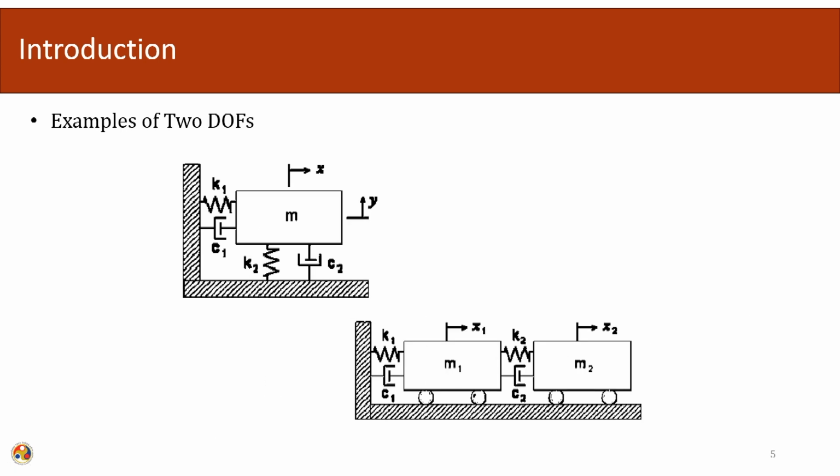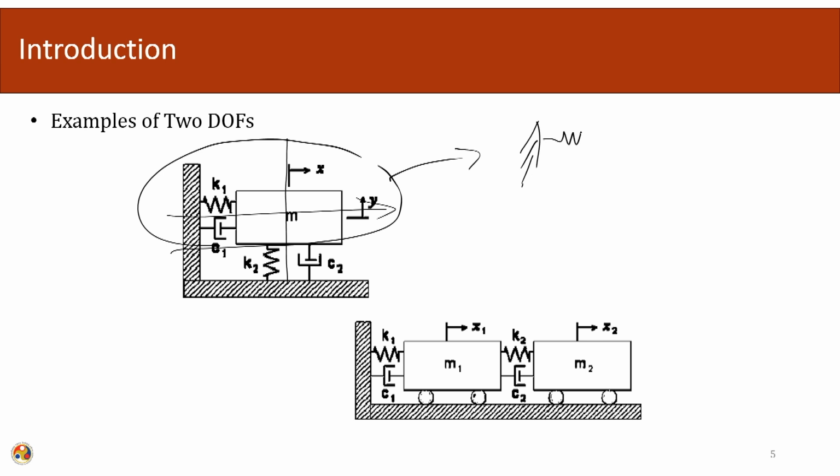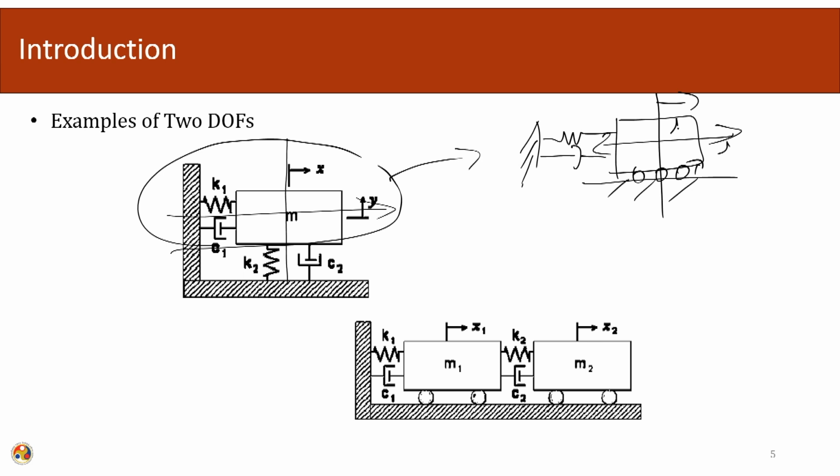Some more examples of a 2 degree of freedom system. The same representation we can use. There is one mass, it can move in the horizontal direction. If we cut out this portion, we go back to our old representation of the single degree of freedom system. Here one mass can move in the horizontal direction, so one mass into one motion, 1 degree of freedom.